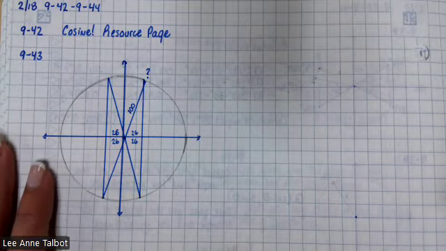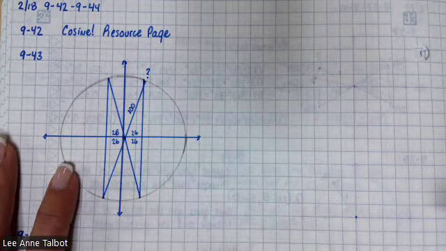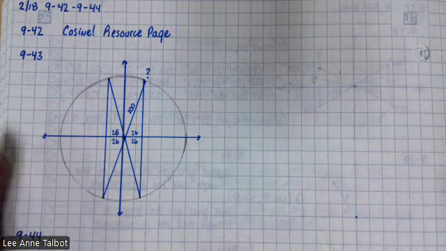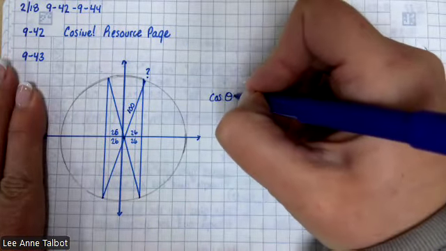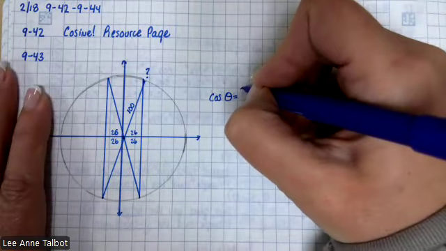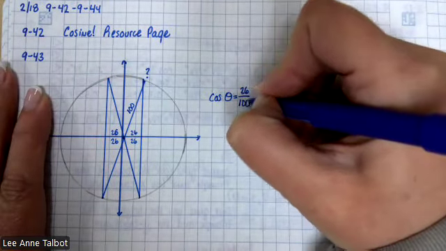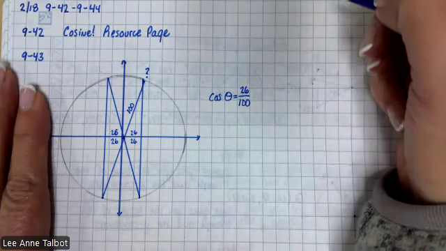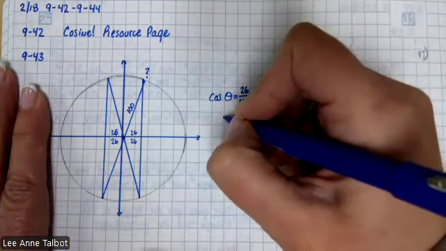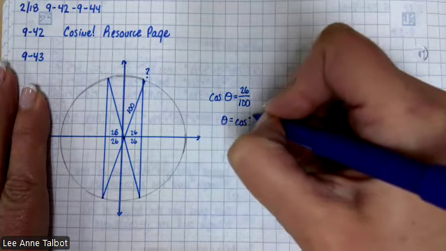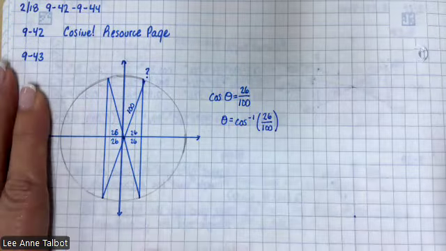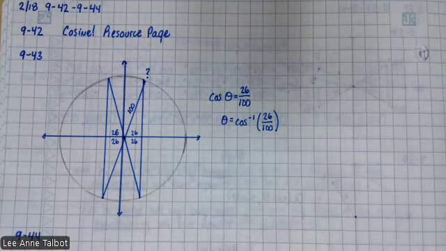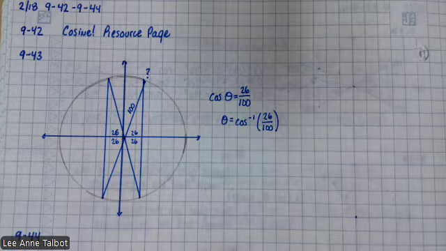This is a Math 2 question. Inverse cosine is the answer. So you write cosine of theta equals adjacent over hypotenuse, and then undo cosine: theta equals cosine inverse. Everybody type that in the calculator. Find me the angle.